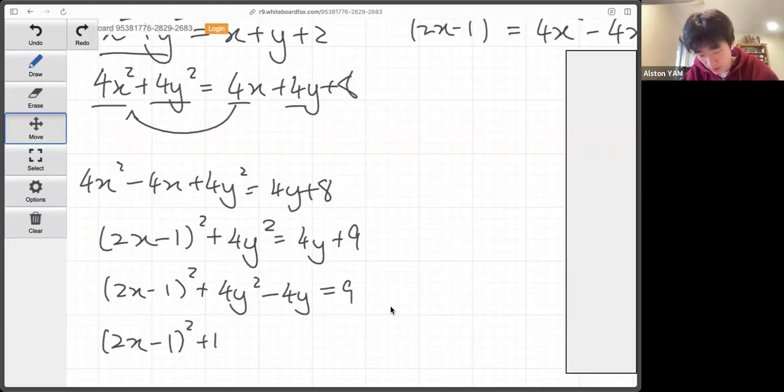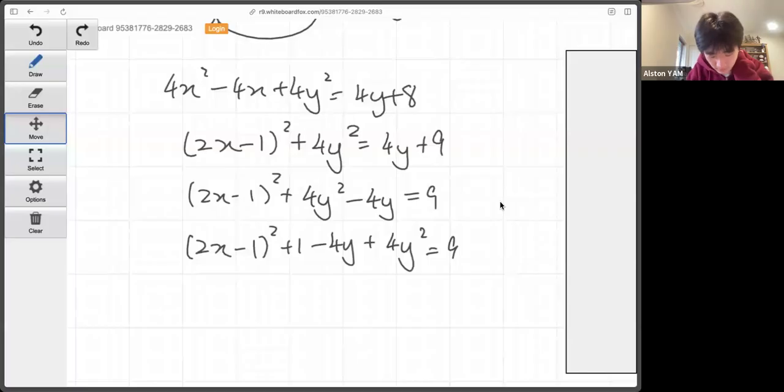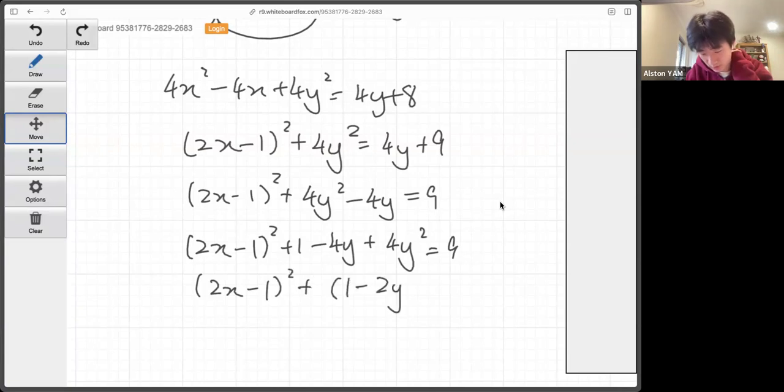I will add 1 minus 4y plus 4y squared is equal to 9. So if I do something like this, then I actually have (2x minus 1) squared plus (1 minus 2y) squared is equal to 9, right?